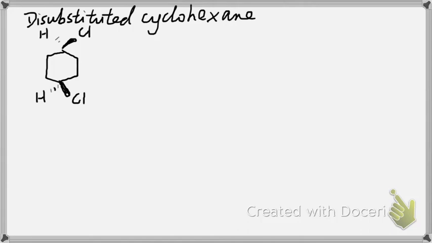Let me use these first examples to illustrate this. What I have here is a cyclohexane ring with two chlorine atoms as the substituents. These two chlorine atoms are on carbon 1 and carbon 4, and they are both on wedges in this case, which means they both are pointing up, pointing to the same side of the ring. Now let's take a look at the second molecule.